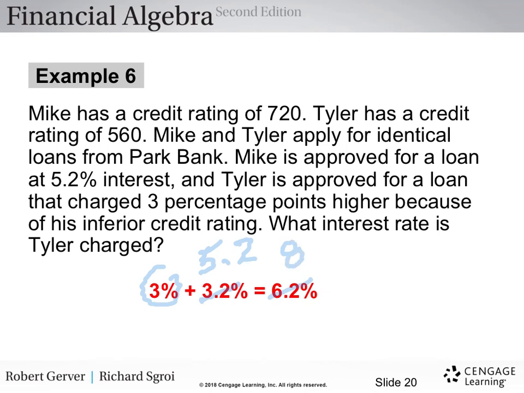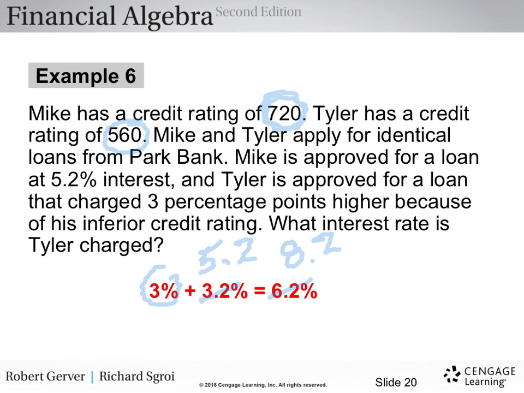Now, the math here is pretty simple, obviously, but it does show how credit rating makes a big difference. As you recall, credit scores go anywhere from, I believe, 300 to 850. A 720 is a very good credit score. 560 is not that great. It's sort of average or below average.